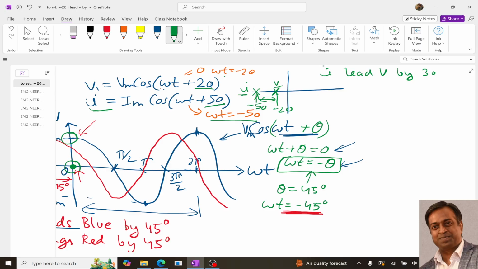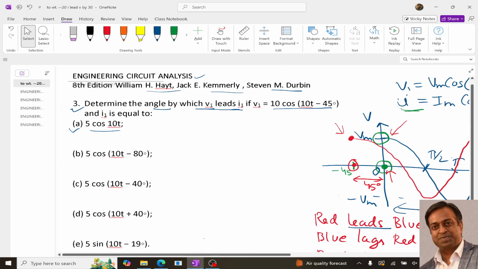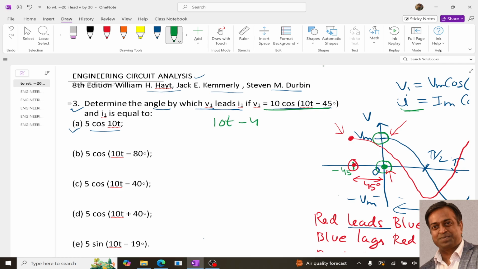So now coming back to our question, the question says that it is given that v1 is this, so we can equate 10t minus 45 equal to 0, so we get 10t, meaning omega t, is equal to 45. So just we can plot that, let this be 45 and this is our v.